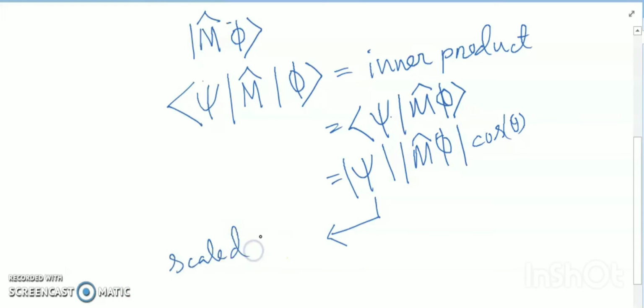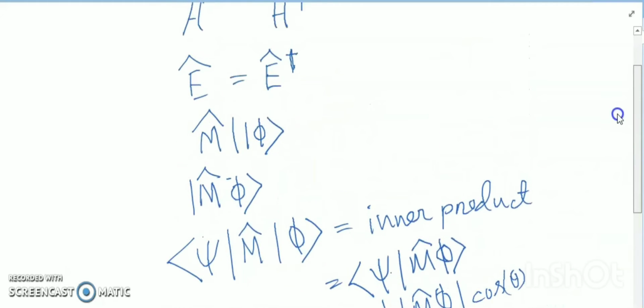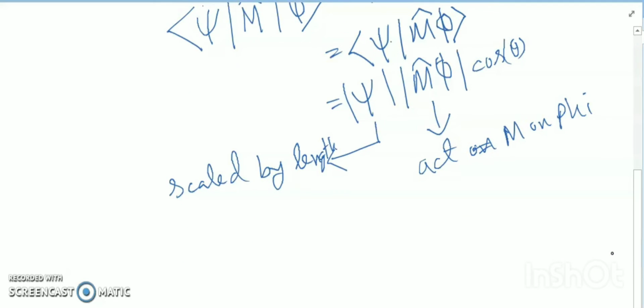Here, M phi means act M on phi. So we act M on phi, and this measures the angle between the new vector and psi scaled by their lengths.